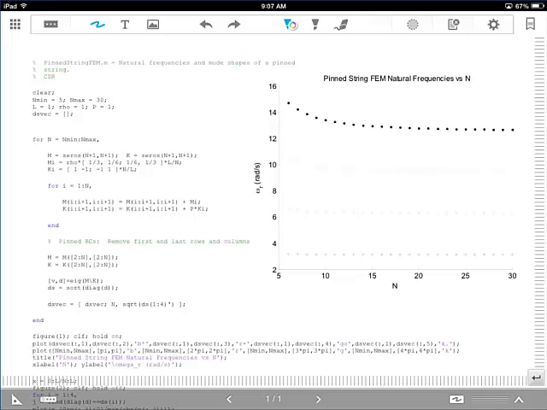So at the top of the code there you have basically, in this case we're actually going to plot the natural frequencies versus the order or number of elements for the finite element method. So that's the plot you can see over here that this code produces.